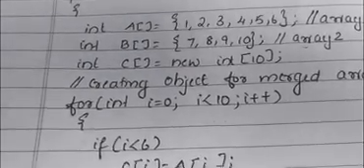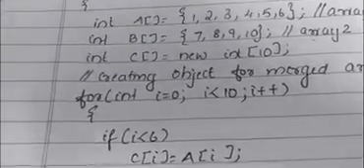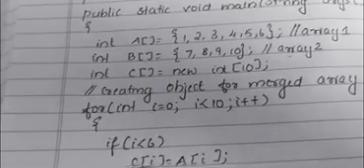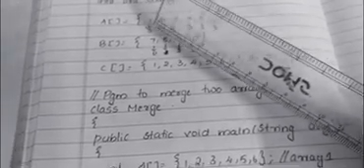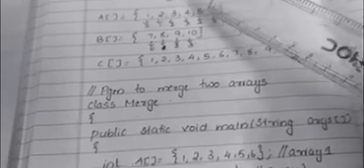Here inside the for loop, we have checked a condition. This is the most important thing: if i less than 6. As you all know, what is the index value of the elements in the first array? The elements are 0, 1, 2, 3, 4, 5.